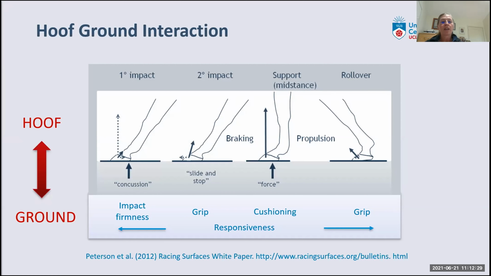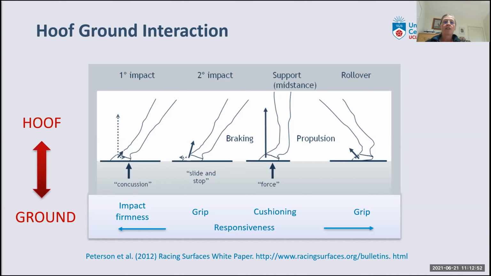So we've got a low mass situation, but also a high deceleration situation. And that relates really to the very top of the surface. So how the surface is prepared, or the grass sward, will have a big influence on those values.